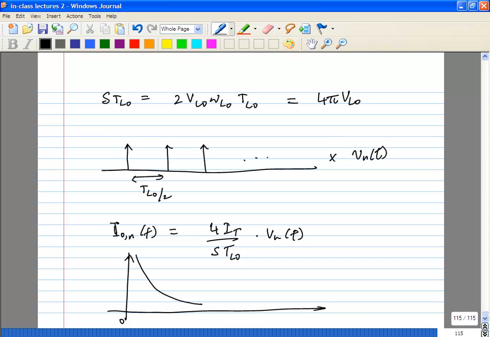But the same thing is getting repeated, so every 2 FLO you'll see the flicker noise of your switches coming into the output noise spectrum. Is that clear?